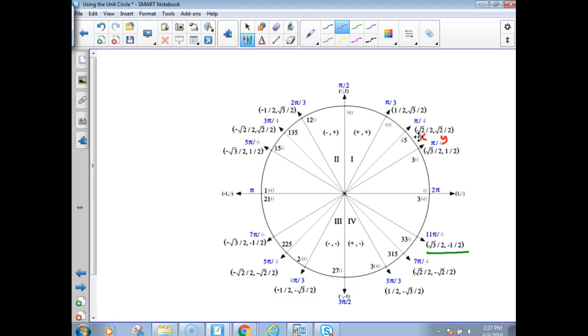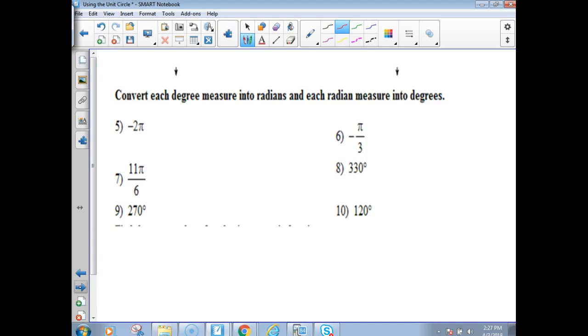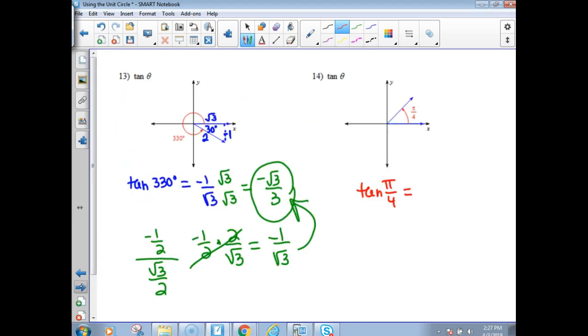If you take one of those over one of those, which is what the tangent is, y over x, then you would have square root of 2 over 2 over the square root of 2 over 2. Agreed? That's y, that's x. And what's something over itself? Yeah, 1. Now, if you did special right triangles and you let the legs be 1 and 1, the hypotenuse would have been the square root of 2, and then you would say opposite over adjacent, tangent of pi over 4 is 1 over 1.